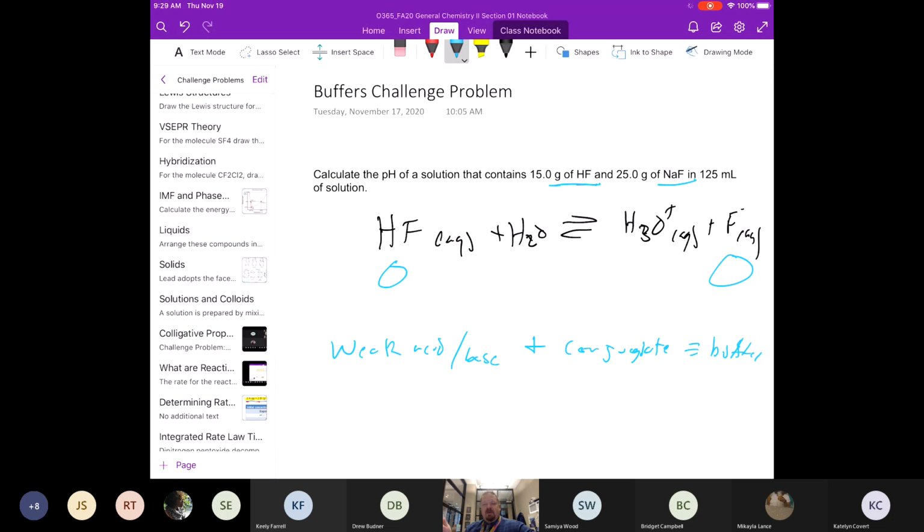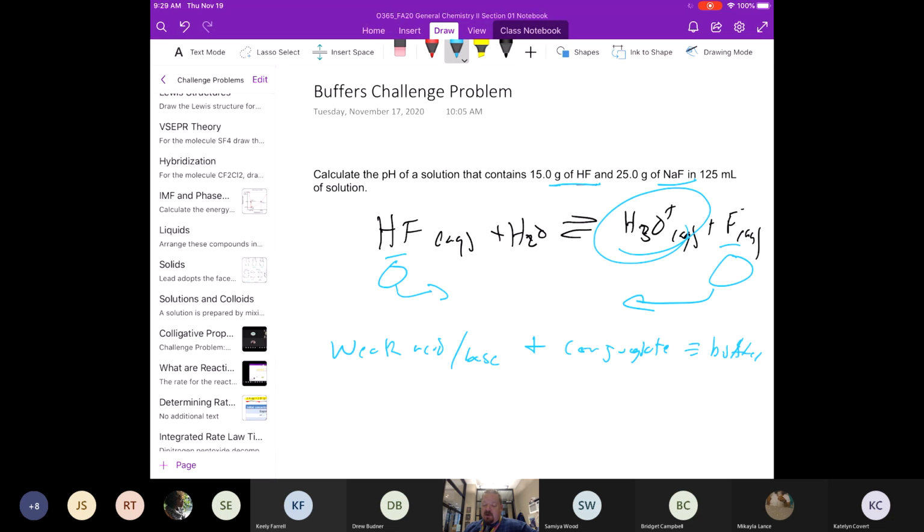Which means that because they're both there, any change in one is going to follow Le Chatelier's principle. If we shift some of this over to that, equilibrium is going to try to reestablish by shifting some of that back. In which case, small changes in these concentrations will have a very small effect.